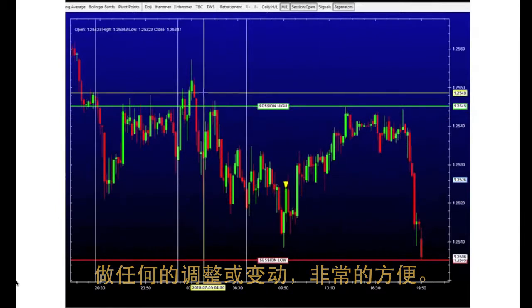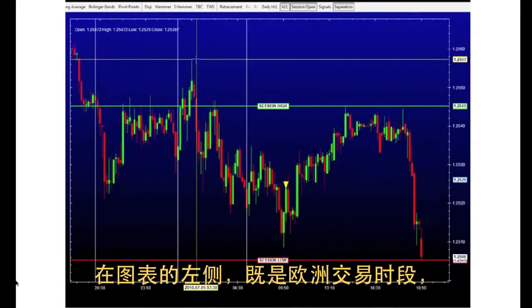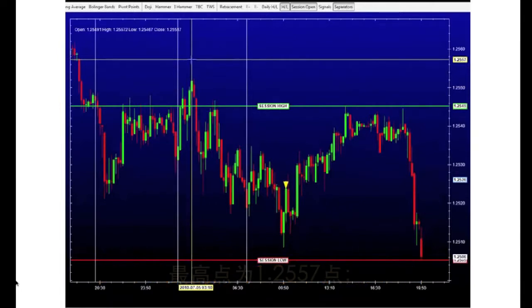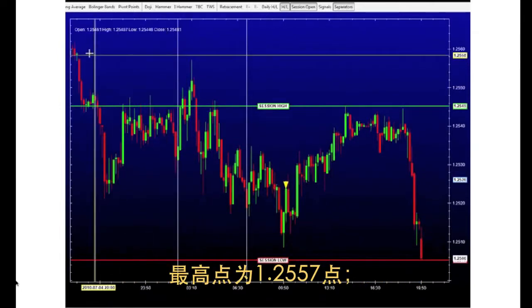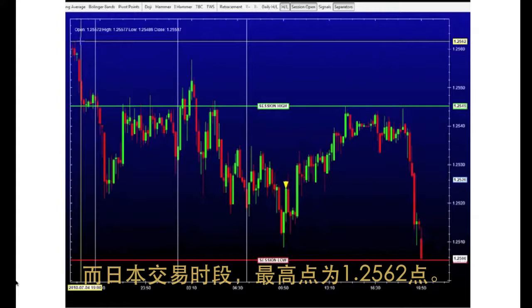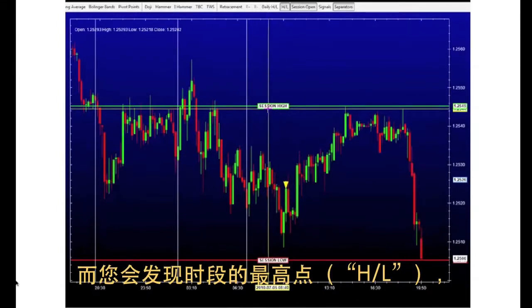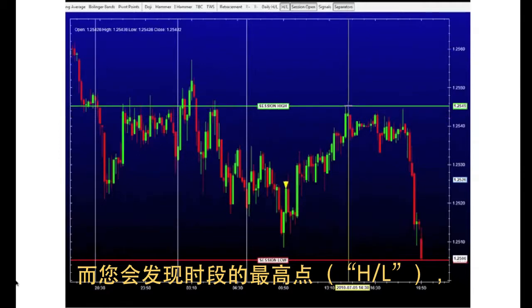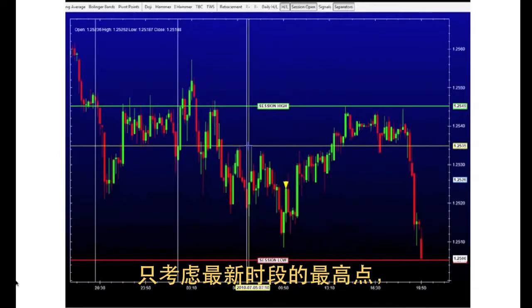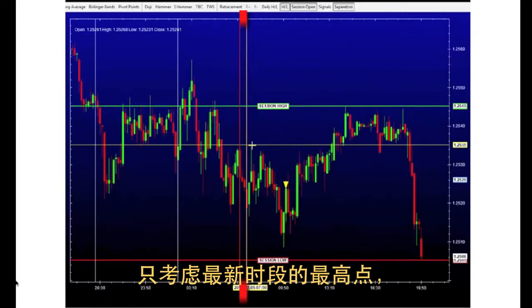As you can see on the left-hand side, during the European session, we had a much higher level of 125.57. During the Japanese session, or further back, we had 125.62. But you can see the session high is only taking into consideration the new session, which is from 7 to the right.